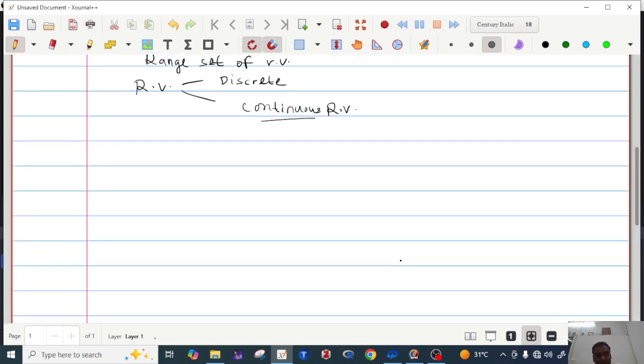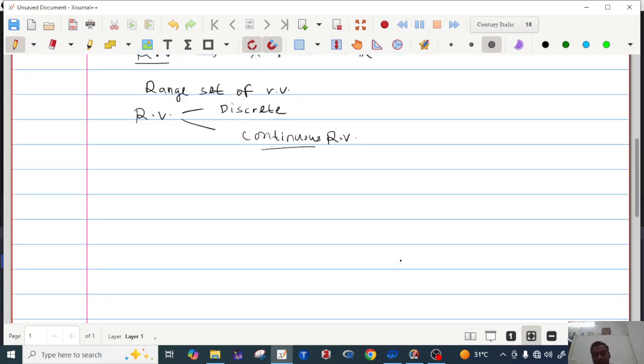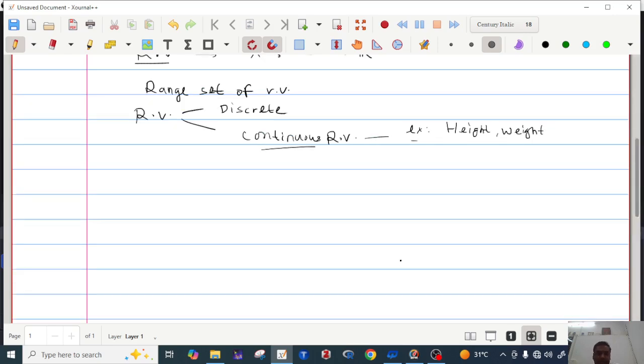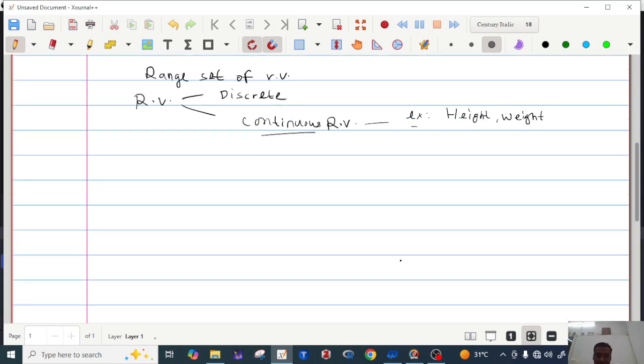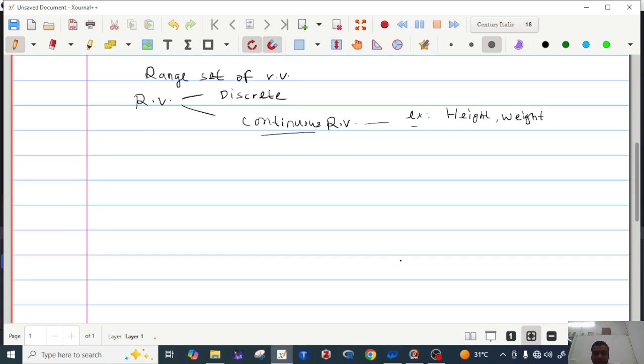If you want to see some examples of continuous random variables, common examples are the height of the students and the weight of the students. What are the concepts we will learn for this chapter?